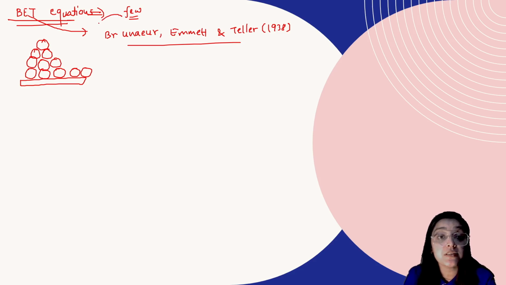The assumptions that they made include, first, that the solid surface upon which the gas is going to adsorb must be uniform.